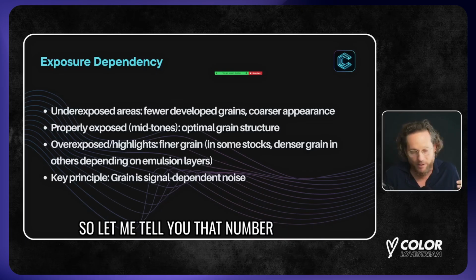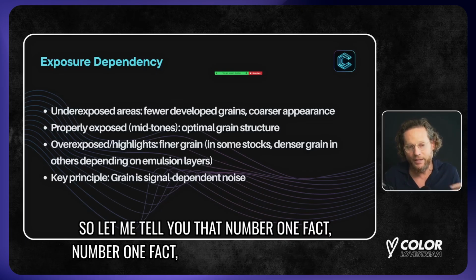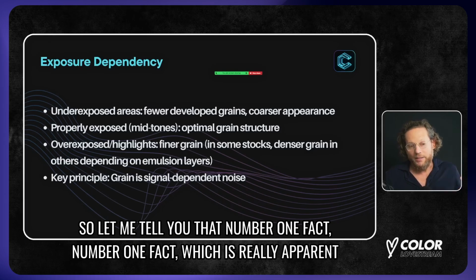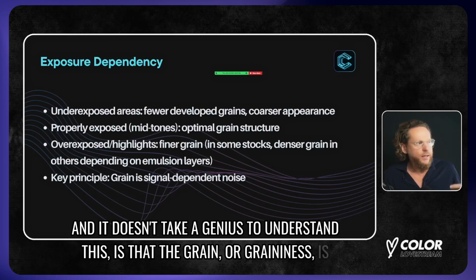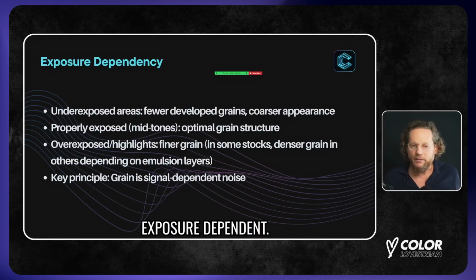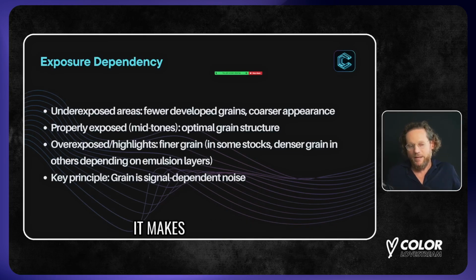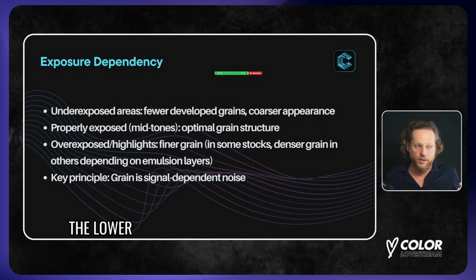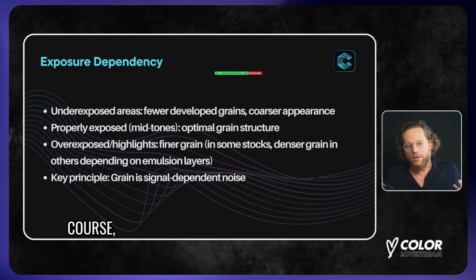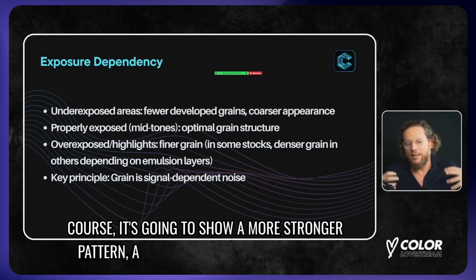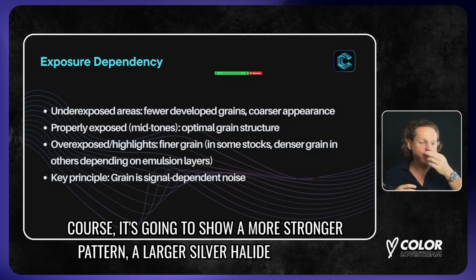So let me tell you that number one fact, which is really apparent, and it doesn't take a genius to understand: the grain or graininess is exposure dependent. Okay, it makes sense, isn't it? The lower the exposure on the film, then of course it's going to show a stronger pattern, larger silver halide crystals.